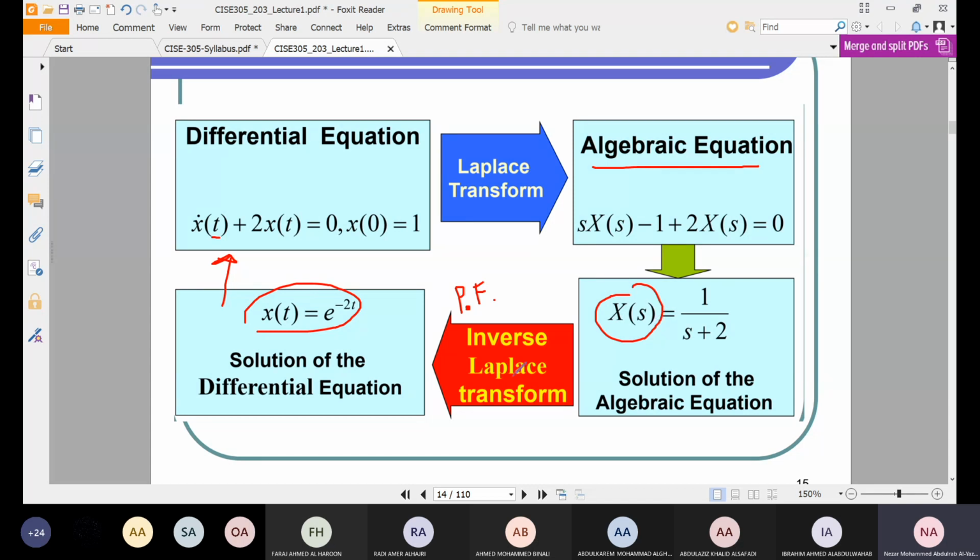We apply inverse Laplace to return the problem from the s frequency domain to the time domain, and this will be the solution of our problem. And this is the objective of chapter 3, these two steps. We'll work more in this chapter, inshallah.